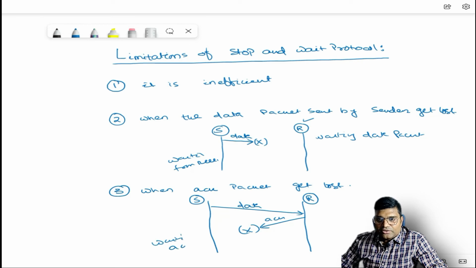In this situation, the sender is waiting for the acknowledgement packet for its sent packet, and the receiver is also waiting for another data packet. They will wait for their respective packets forever, and it is also a deadlock situation. So these are the three limitations of the stop and wait protocol.